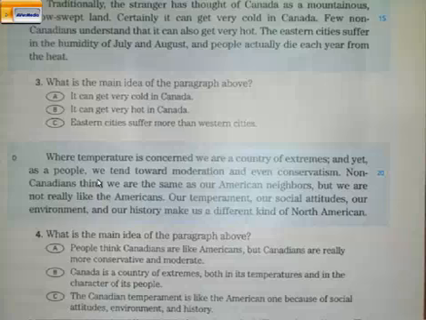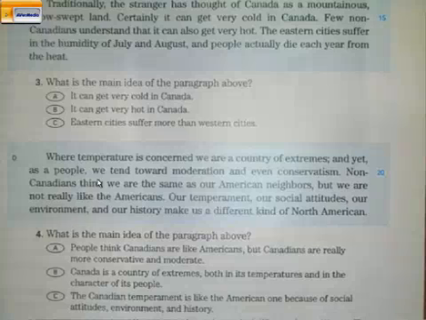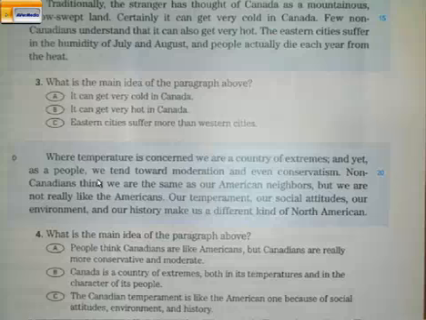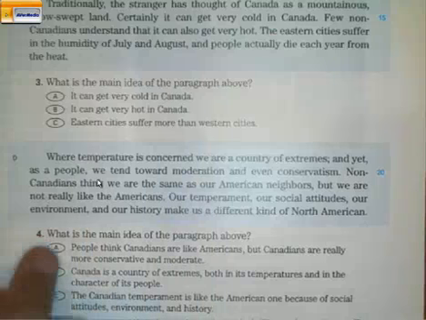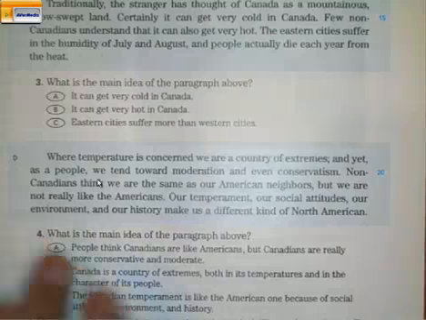Where temperature is concerned, we are a country of extremes, and yet, as people, we tend toward moderation and even conservatism. So A is the best choice, but B could also be a good choice. C is excluded. So again, we have A and B, but B is more comprehensive than A.